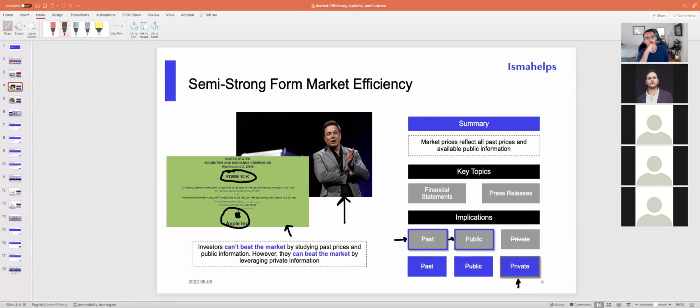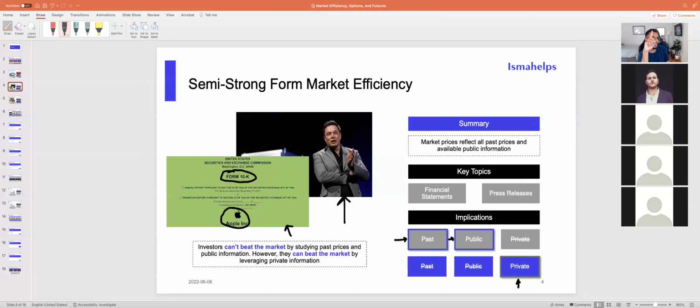So if we are in a semi-strong form of market efficiency, what type of information could investors use to earn abnormal returns? Past information, public information, private information, what combination? Okay, so Lean says private, Rami says public, Bashir says private.